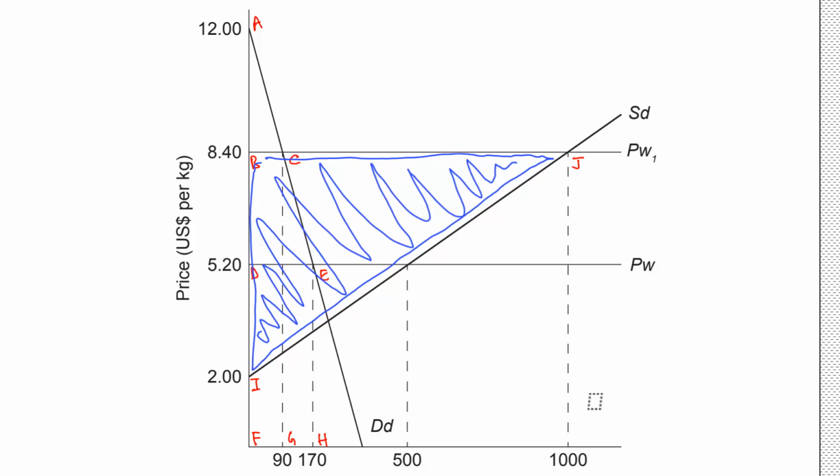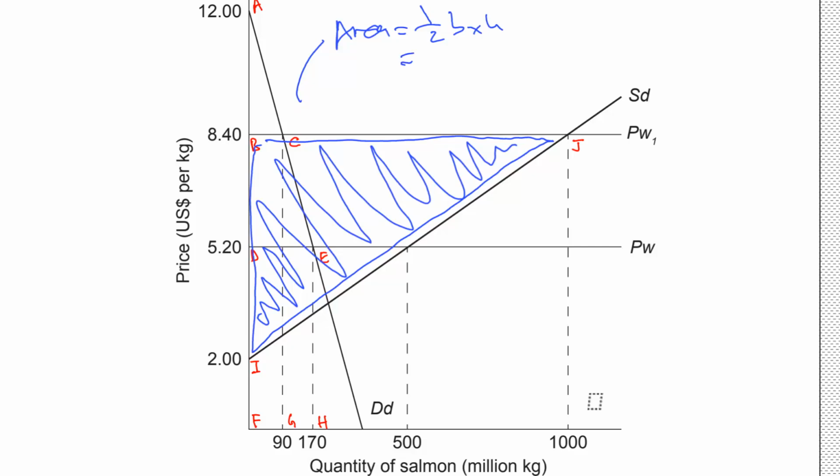So again, we're going to do area equals a half of a base times height. The base of this triangle is going to be like 1,000, as you can see over here. Half of 1,000. And the height is going to be this distance. So it's going to be 8.40 minus 2, which should be like 560, I think.